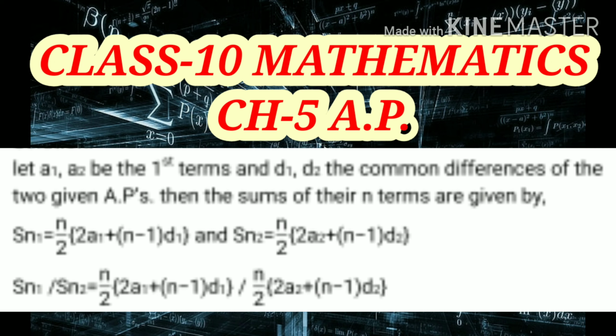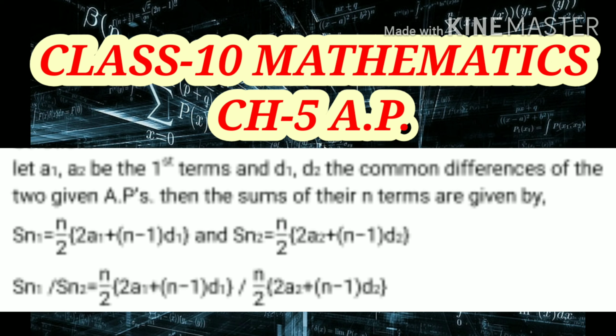Now children, I am to find the ratio of both the sums Sn1 and Sn2. So I am dividing the values of Sn1 and Sn2. Now children, the ratio Sn1 upon Sn2 becomes n upon 2 into 2a1 plus n minus 1 d1 upon n upon 2 into 2a2 plus n minus 1 d2.